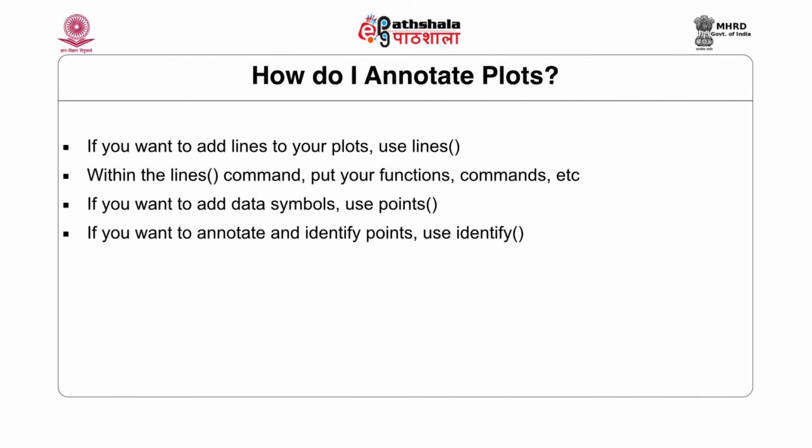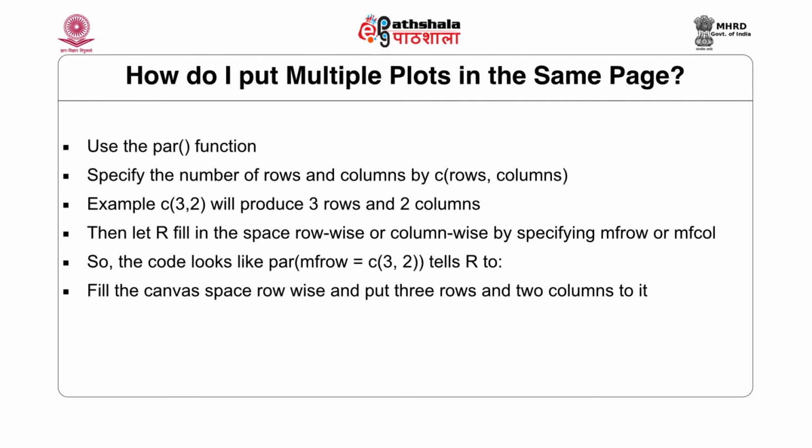But quite often, we would like to see multiple plots on the same page. And when you do that, you use what is known as the par or parameter function. Using the par function, you actually specify the rows and columns.